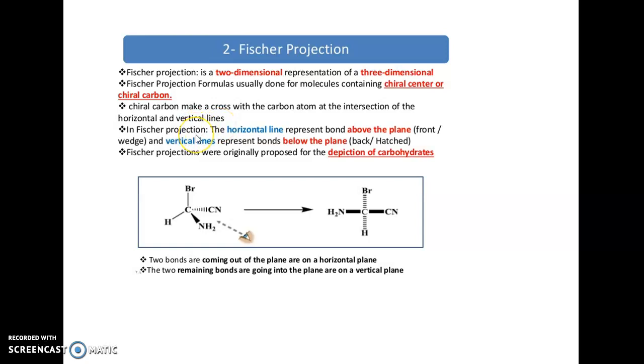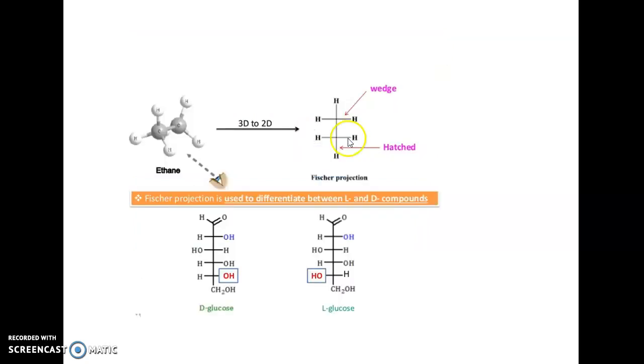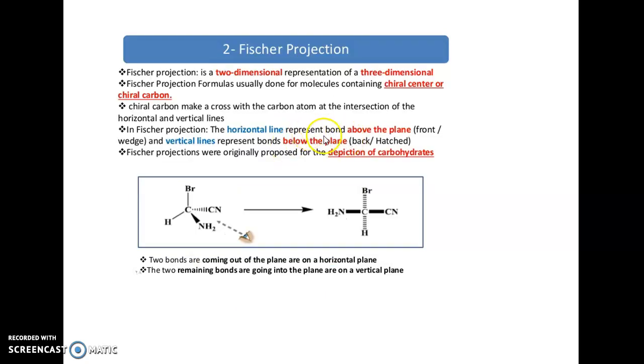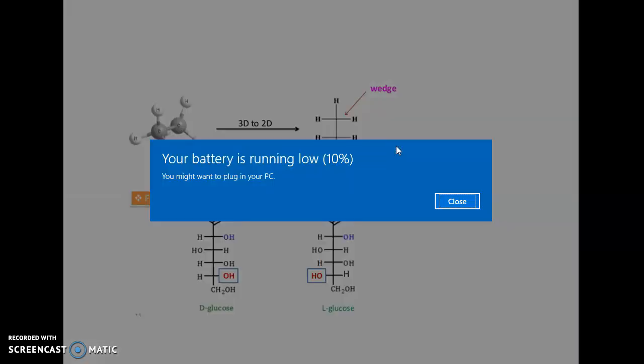So in the Fischer projection, the horizontal line represents the bond above the plane, that is the front wedge, and the vertical line represents below the plane, that is the back, shown by hatch.